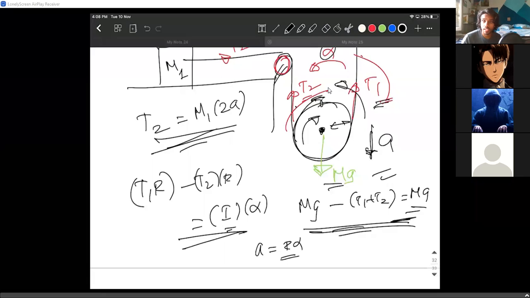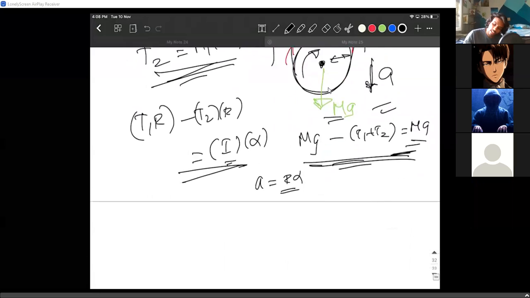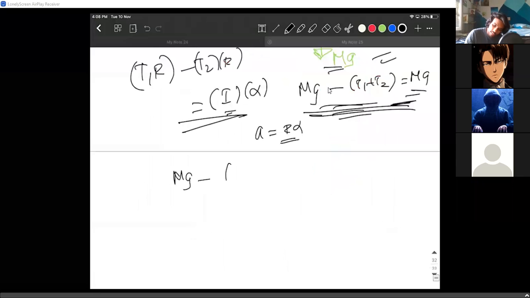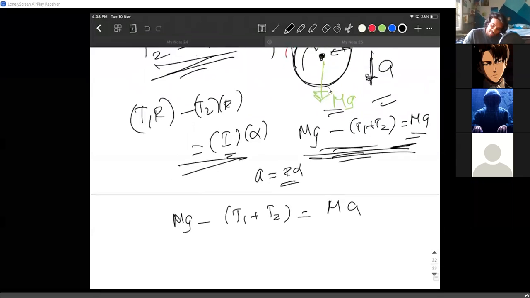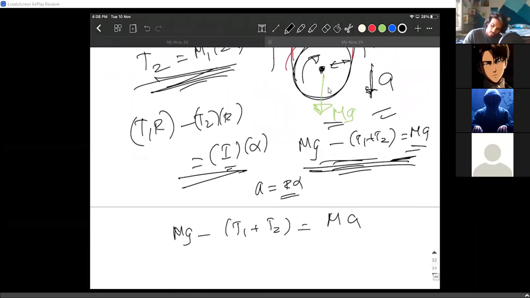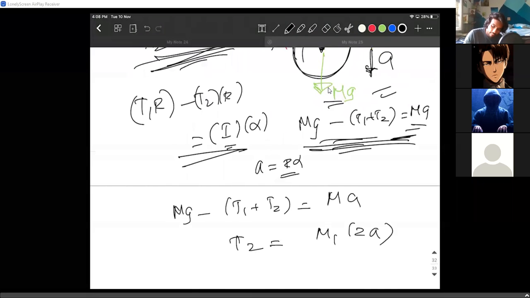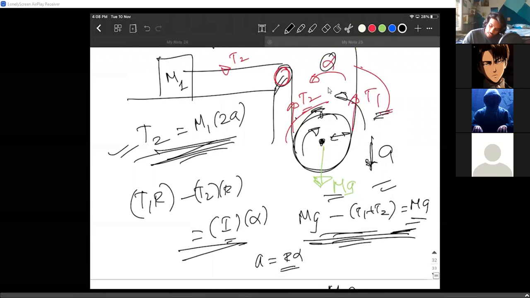Okay, Zaid is asking. So I'm just writing all the equations down here one by one. Mg minus T1 plus T2 equals M into A. And then T2 equals M1 into 2A. This equation is done. This equation is done.